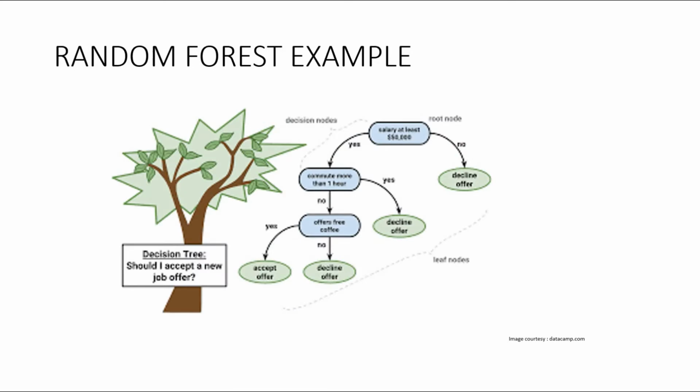Now let me give more clarity on random forest with a practical example, like what decision we will make based on that. Let's understand the algorithm in layman's terms. Suppose you want to go on a trip and you would like to travel to a place which you will enjoy.